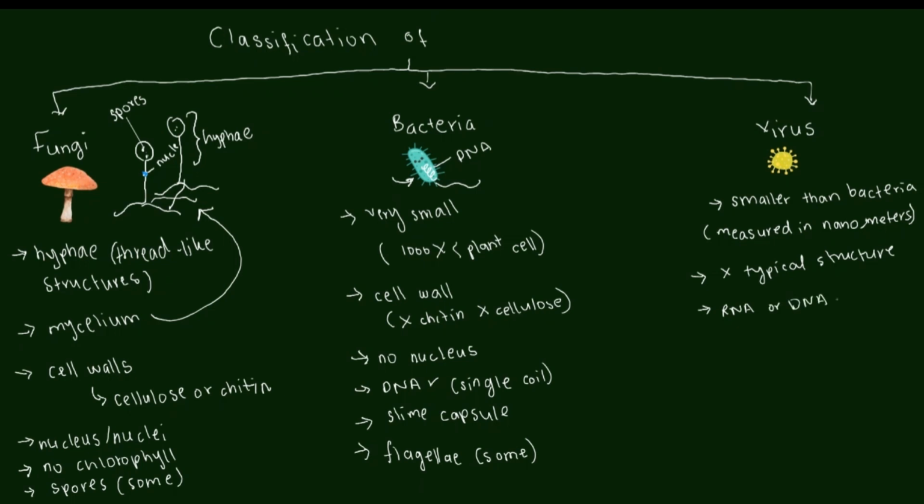RNA is ribonucleic acid, DNA is deoxyribonucleic acid. So it has its genetic material inside, but it doesn't have a typical structure. And a virus has a protein coat. See those spiky things surrounding it, the protein coat. The protein coat protects the virus and it also helps it attach to hosts.